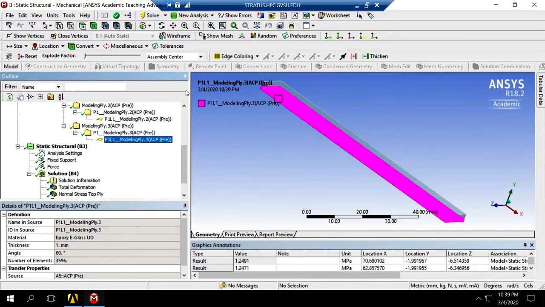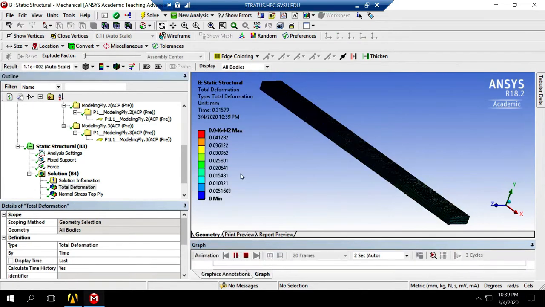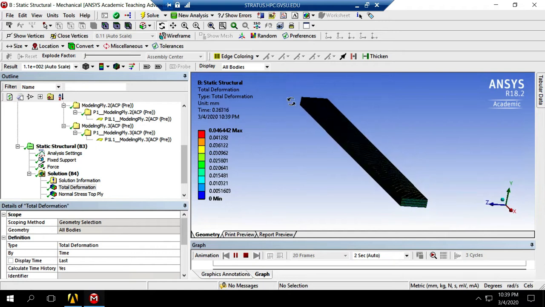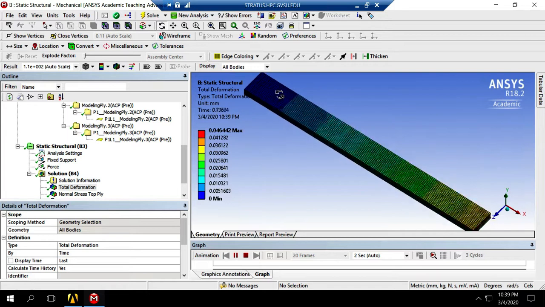And I showed you that with this orientation the material will be quasi-isotropic, and as you see, it deforms in axial direction, going straight.